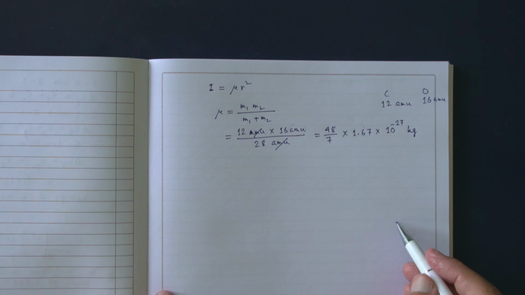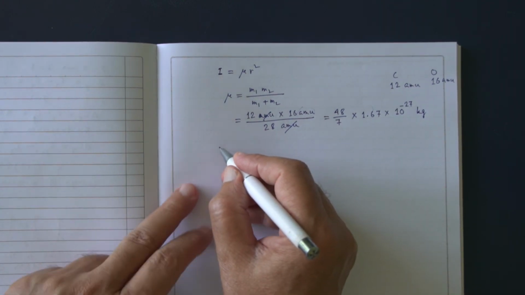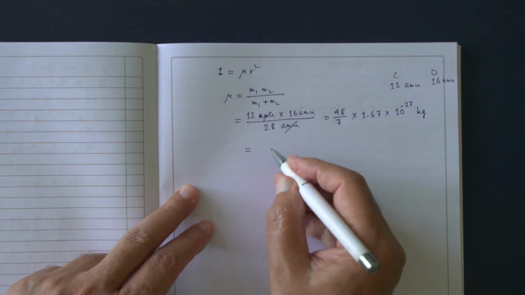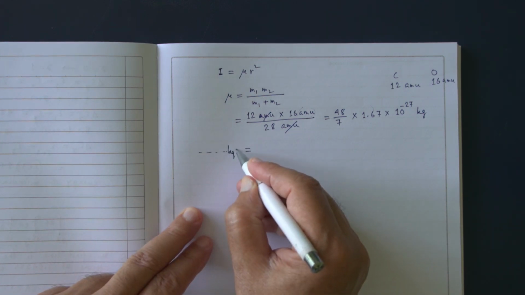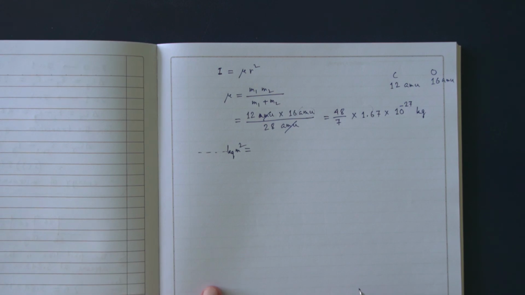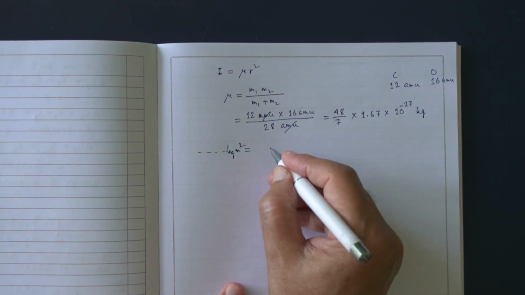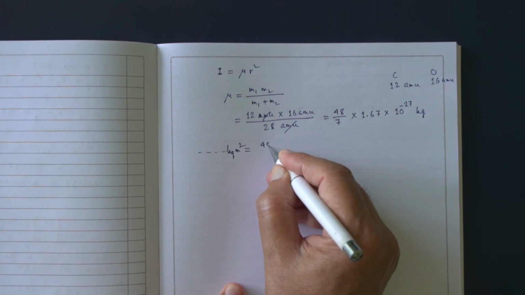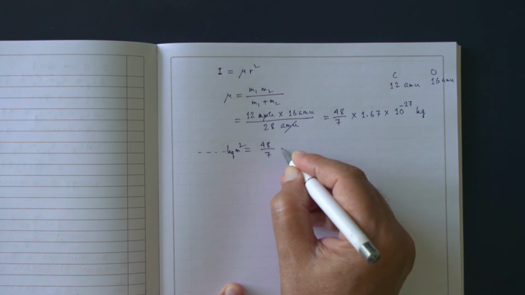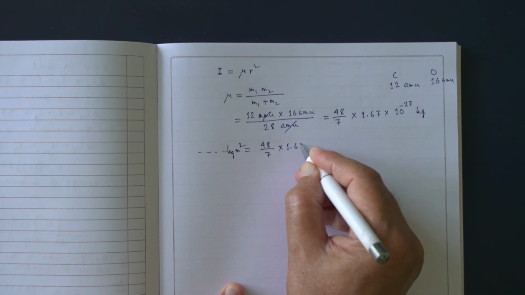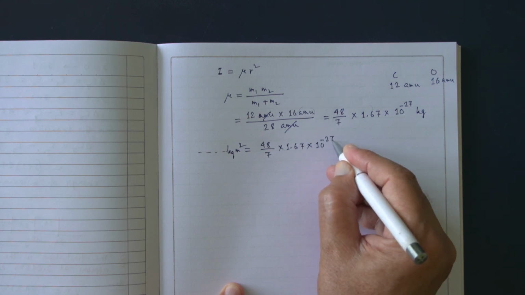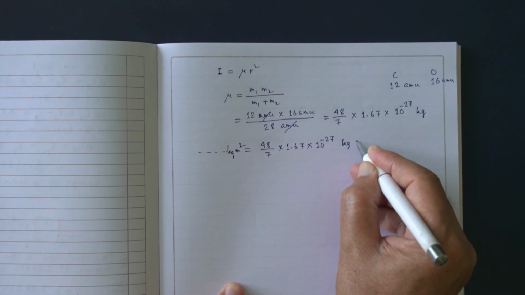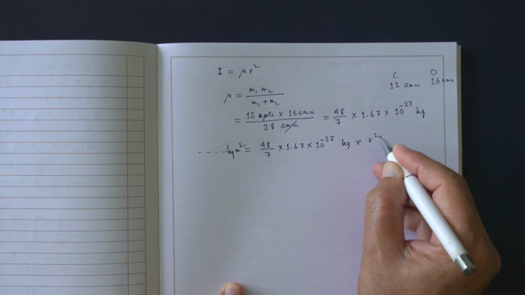So we know the value of I in kg meter square. So this is equal to 48 by 7 into 1.67 into 10 to the power minus 27 kg into r square.